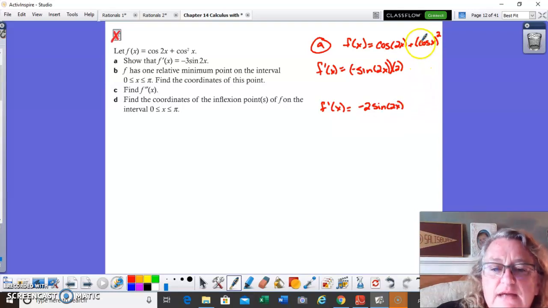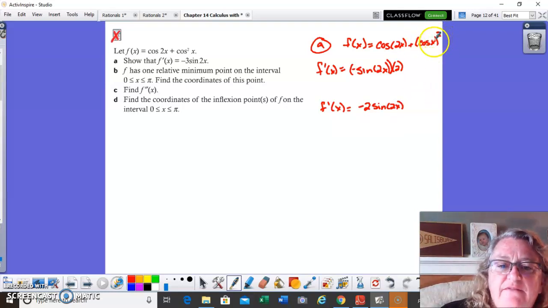Great. Now I'm going to do this one. I have the chain rule, so the 2 comes out in front. The derivative of cosine is negative sine. I'm going to put it in the same order you're used to.